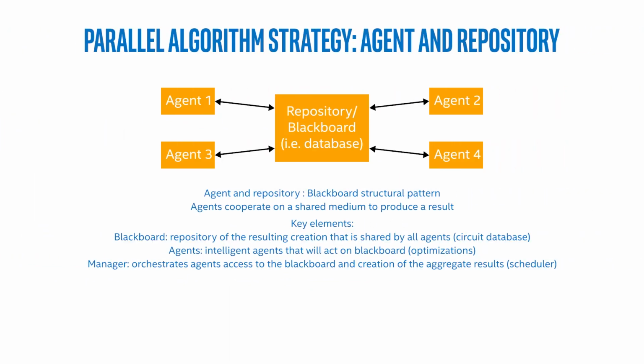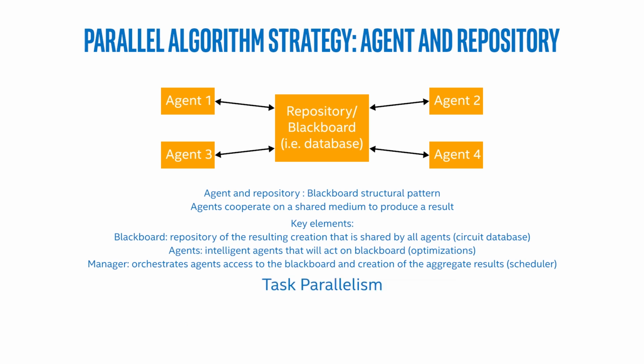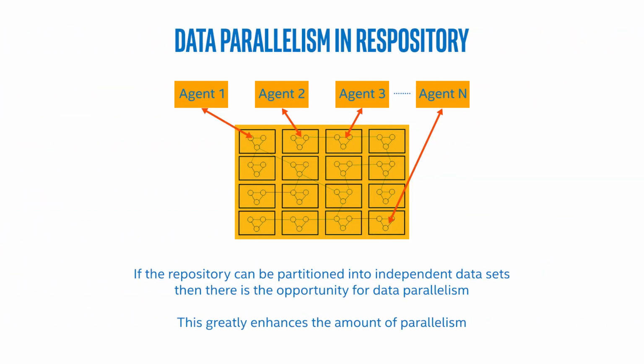Let's look at the agent and repository. What kind of parallelism strategy best maps here? So it's natural to find task parallelism here. We have each of the agents as an independent task, as well as the repository manager as a task. We can also find data parallelism latent in the repository. So how much parallelism does that net us?